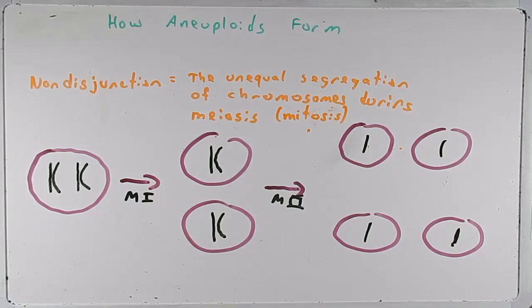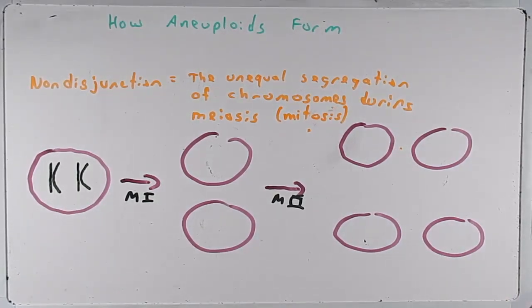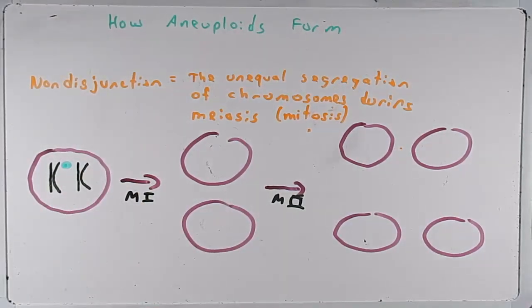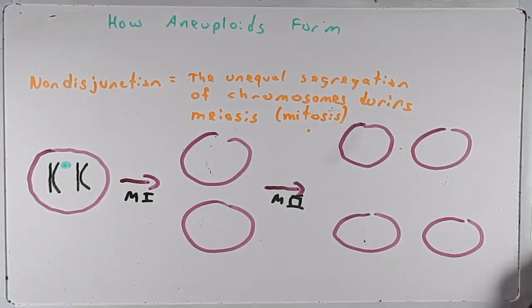Non-disjunction is when these chromosomes fail to pull apart. And again, we don't need to worry about the details, but during meiosis they stick together. But they should separate, and sometimes they don't.